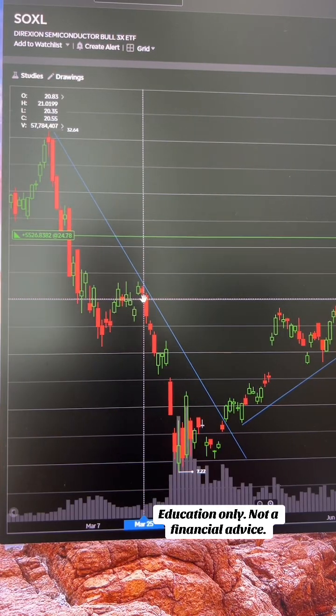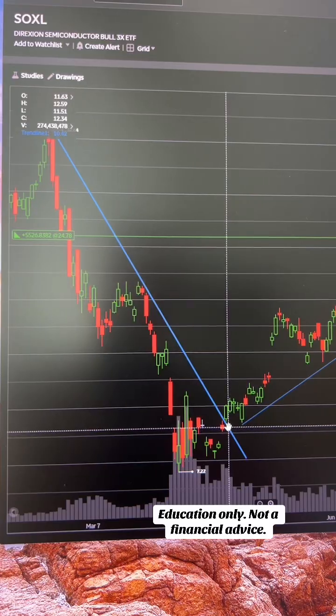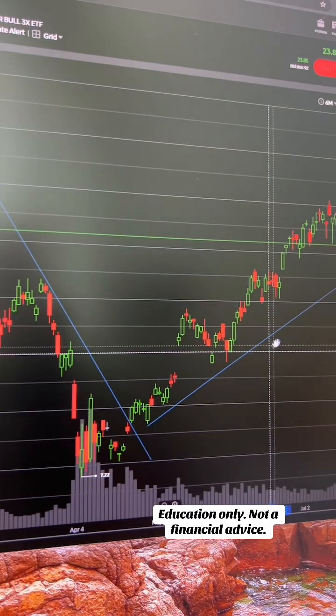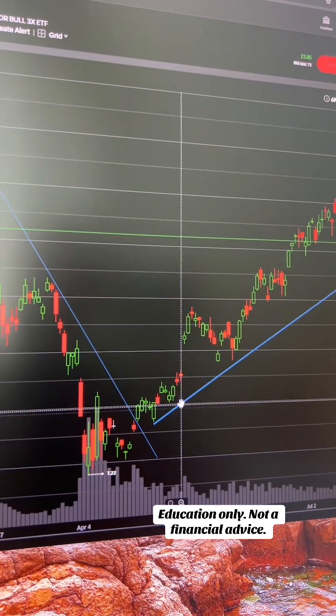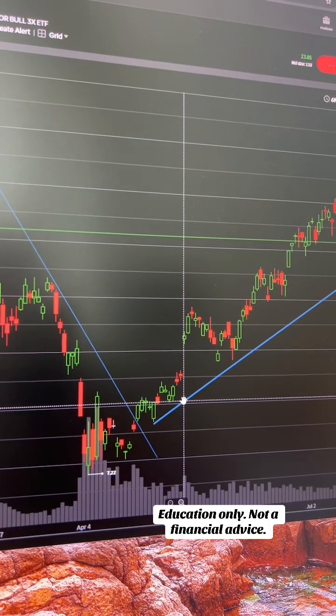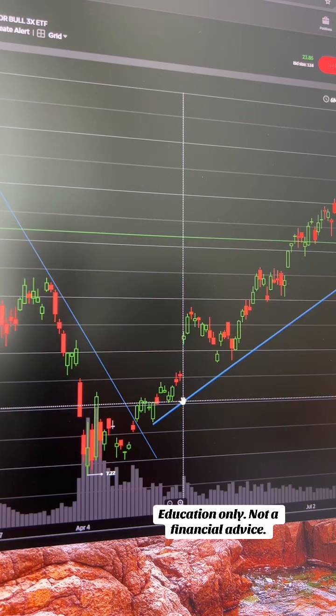Let me just wait. And then when it finally breached this area, I also bought a very small number of shares. And then I realized it's forming another new trend line. So around 12, 13, 14, this area, I said, now this is a new trend line. I actually don't think it's one of those fake ones.